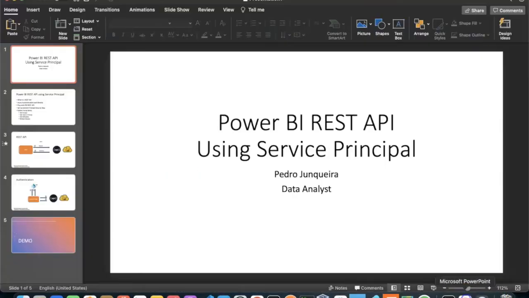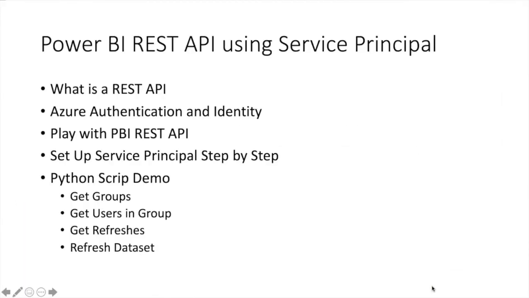Let me go back to my presentation and tell you what I'm going to be talking about today. I'm going to quickly explain what a REST API is, if you don't already know, how it works, and how Azure authentication and identity works. I'll play around quickly with the Power BI REST API, and then the main part of the video is setting up the service principal step by step.